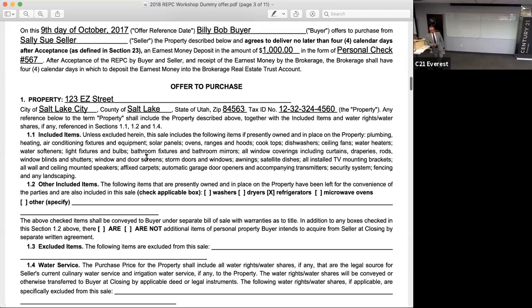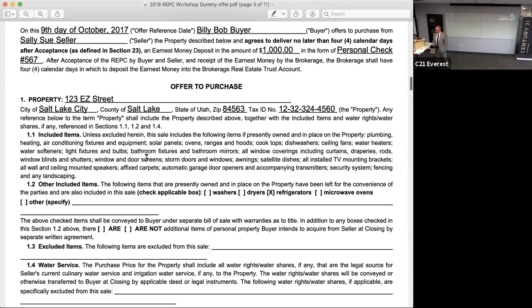All right. So what David just said that you guys may not have heard was it is an offer. So here's the thing, yes, on the MLS it's showing excluded. We've checked the box here for included. The reason I did that is because this actually happens more often than you would guess.